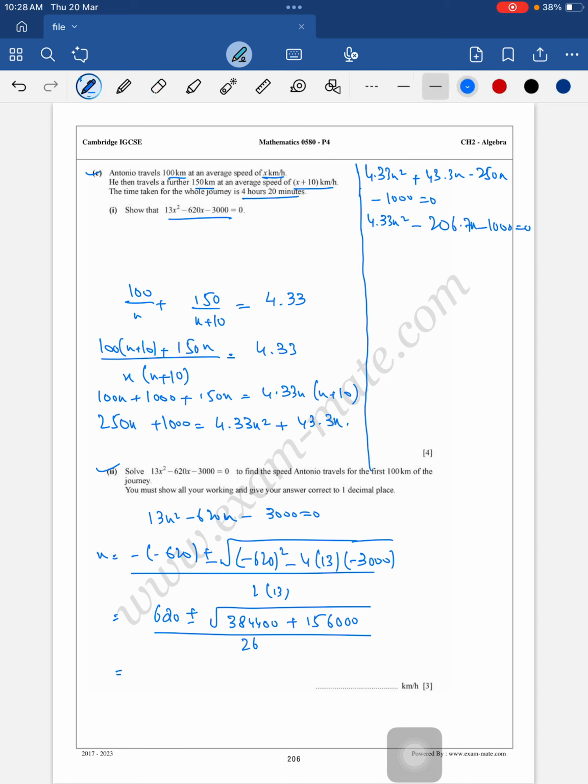So getting two answers. X is equal to, first is 620 plus root 384400 plus 156,000, 540400, 540400 upon 26, and the other one will be 620 minus 540400 upon 26.